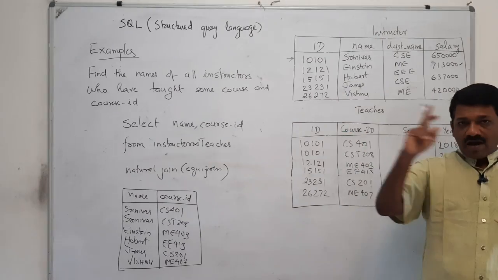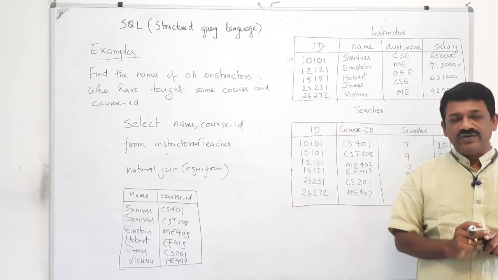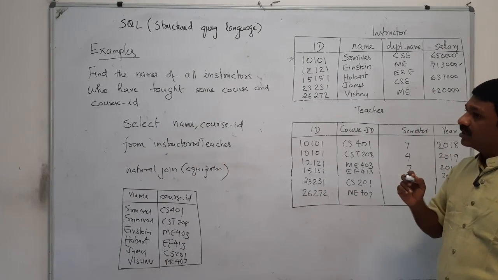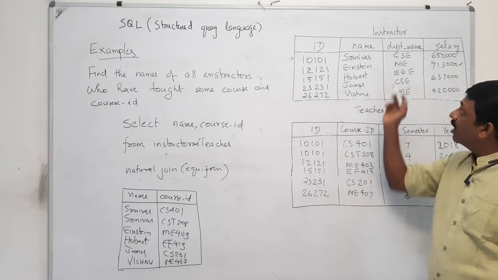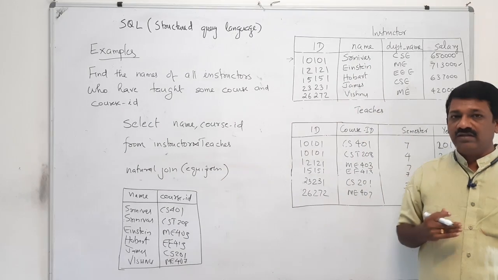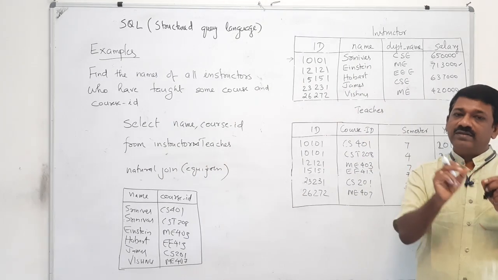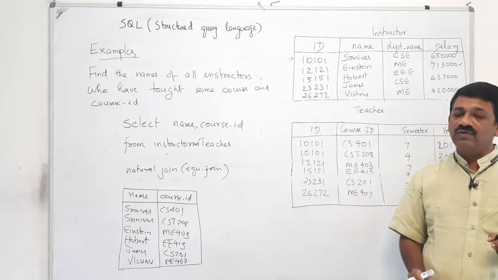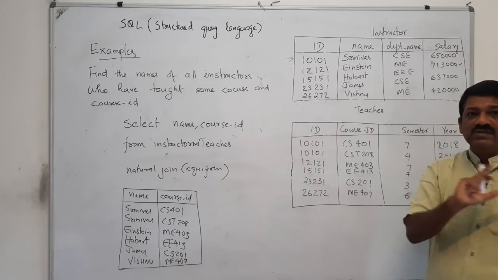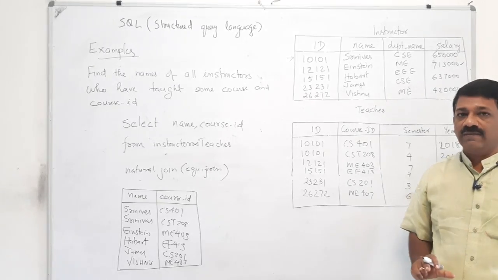After taking the Cartesian product of these two, those tuples which have instructor.id equal to teachers.id are preserved. That means both of them are equal. Then you delete one attribute, and the common attribute is renamed as id, not instructor.id or teachers.id.